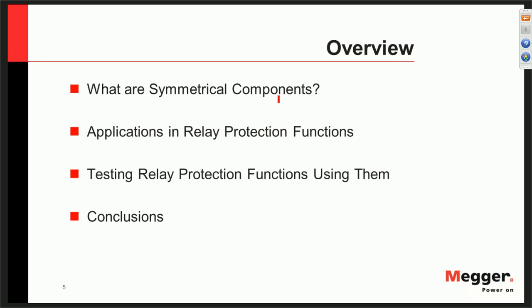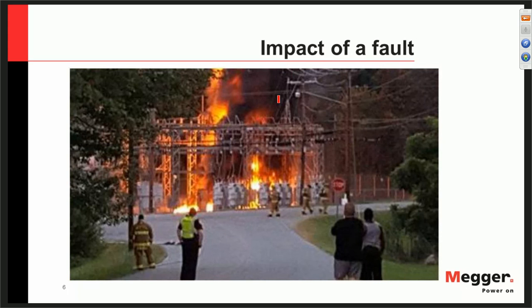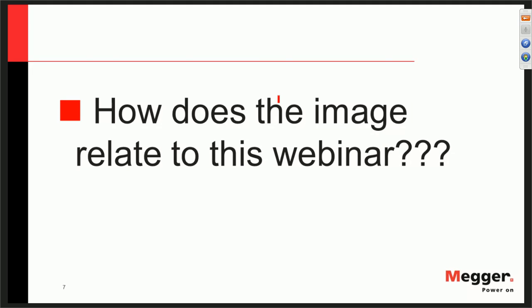Before going on to the presentation, let me show you a picture. In this picture, you can see a substation fire caused probably by a relay settings fault, improper relay settings. You can see how much damage this is causing to the substation. Now you would be asking, okay, how does the image relate to this webinar? Why is the presenter showing this image to us?